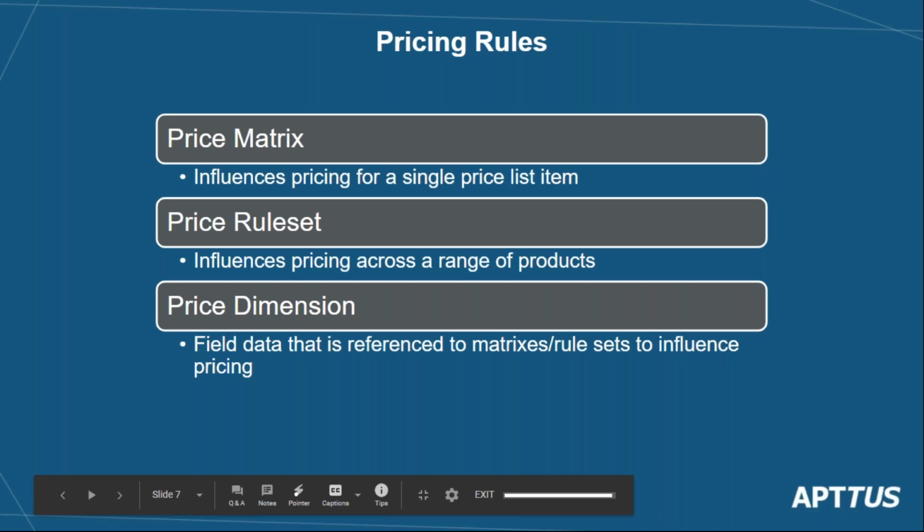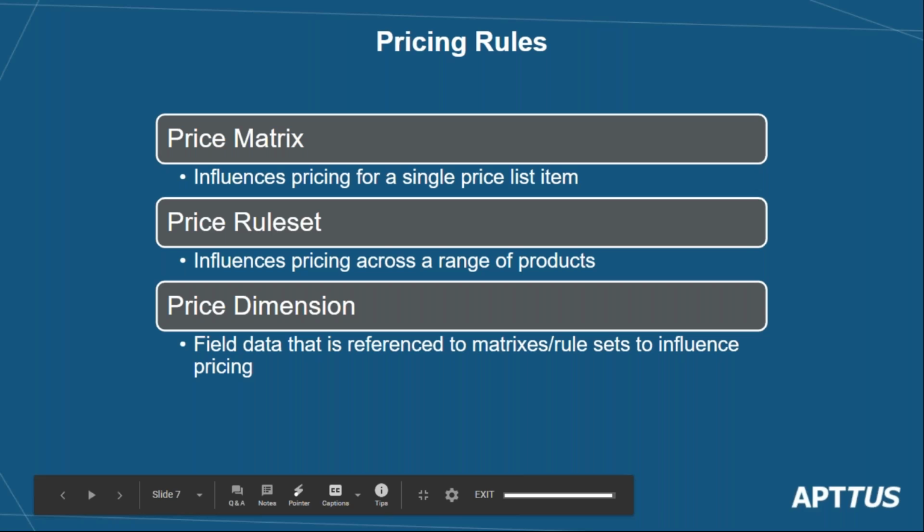And then price dimension stores the field data that is referenced in matrices and rule sets to influence pricing. Whenever you want to use some information inside the price matrix and rule set, then you have to create a price dimension.